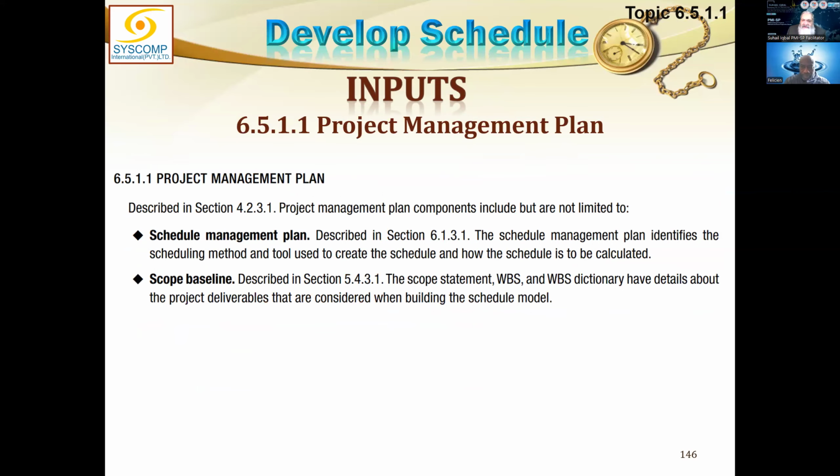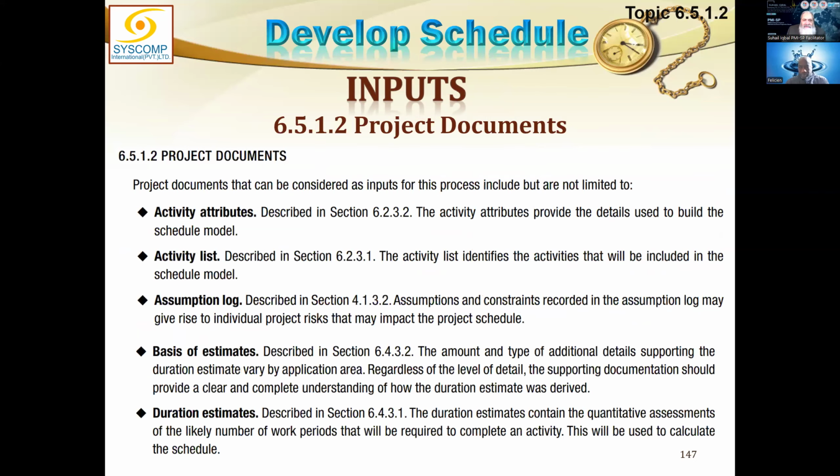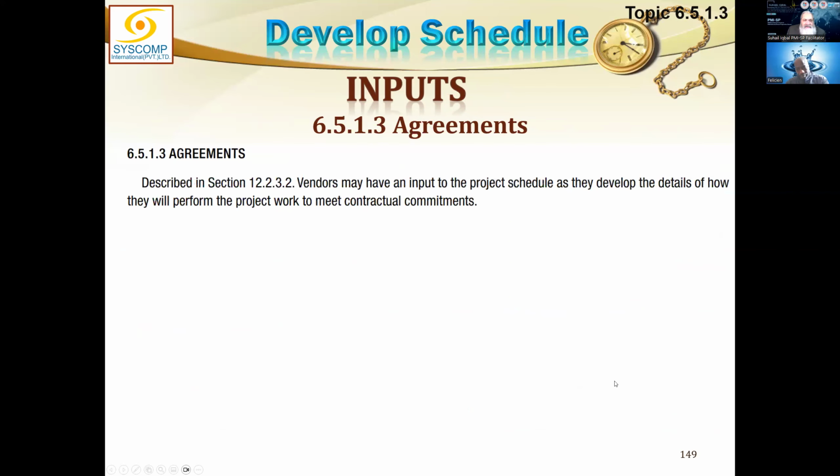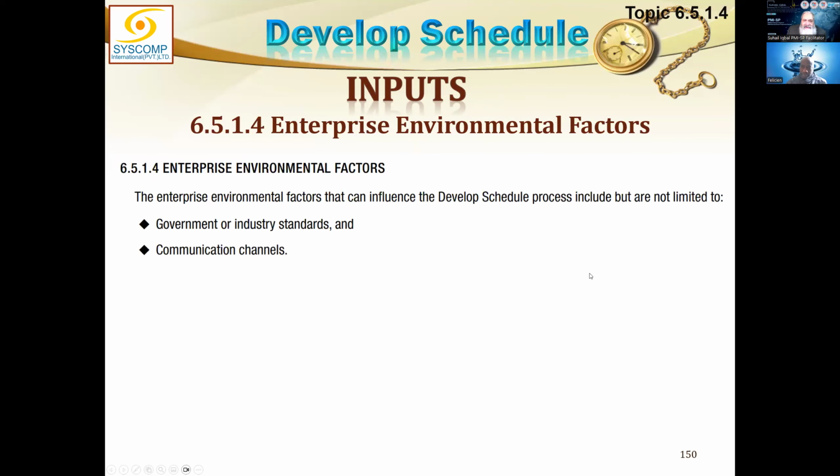This is a bit of explanation about each one of these things. What are the project documents? You know them. What are the agreements? If we have to have some materials from an outside vendor, or we have to have some outsourcing of the work, that all will be covered under the agreements.